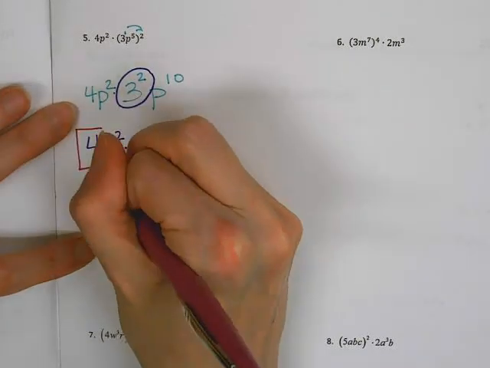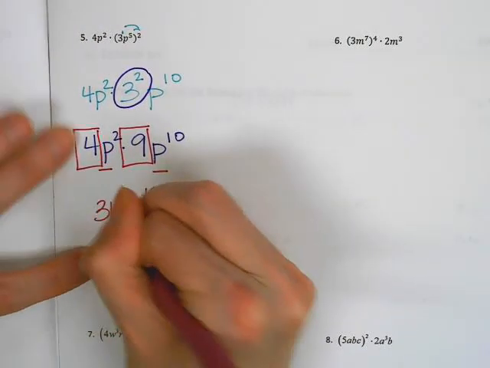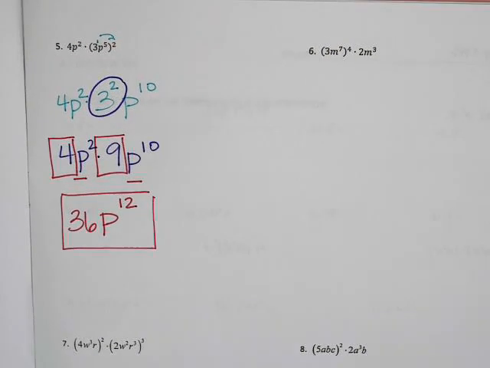These are just normal numbers. 4 times 9 is 36. So that one's just 36p to the 12th.